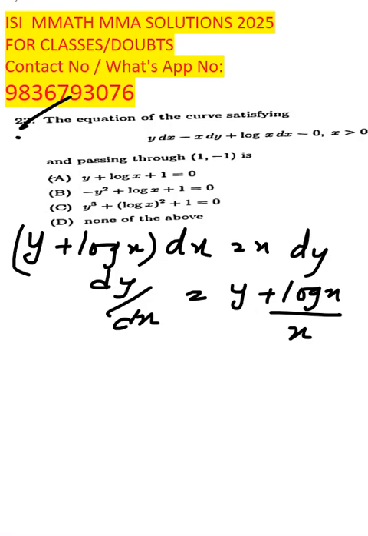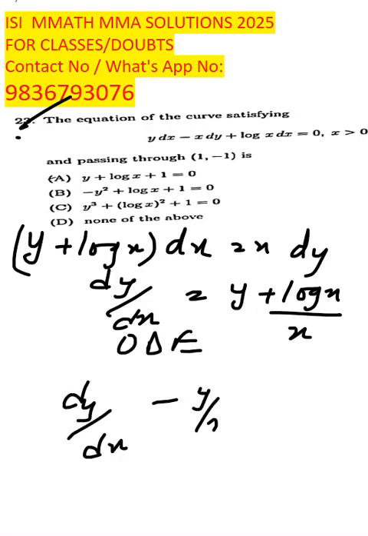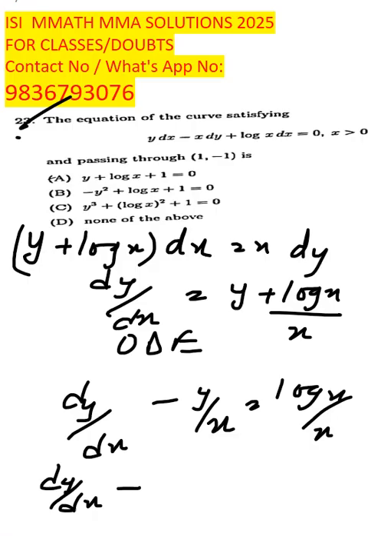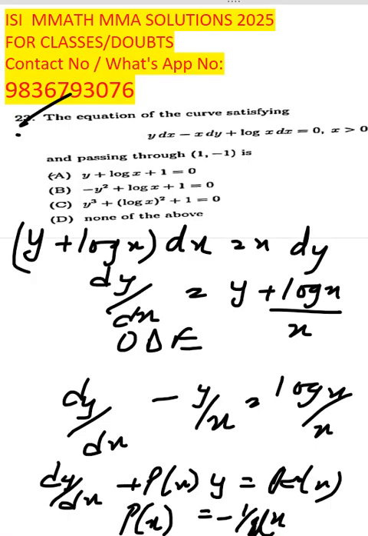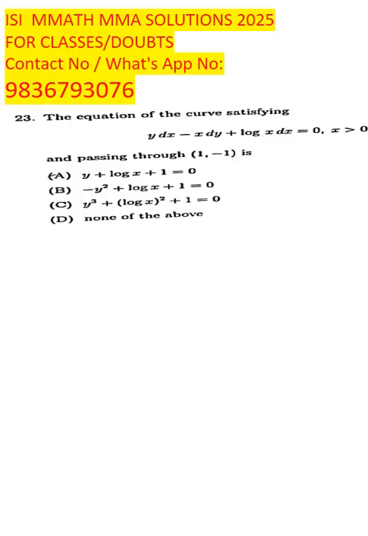Okay. So now dy/dx - y/x = log x / x. So now this is of the form dy/dx + P(x)y = Q(x) with P(x) = -1/x, and Q(x) = log x / x.